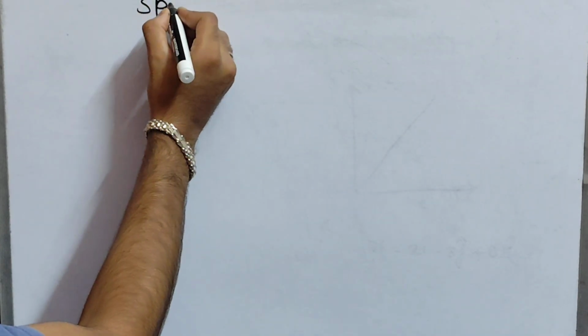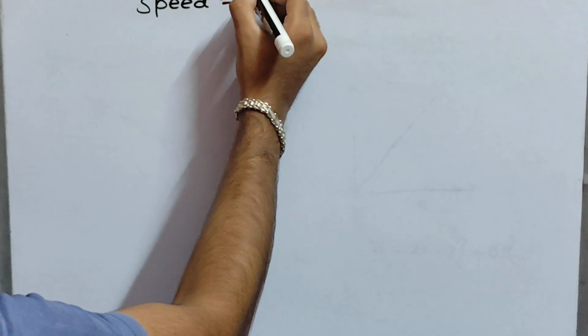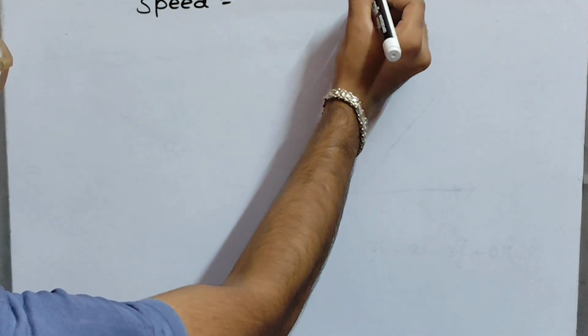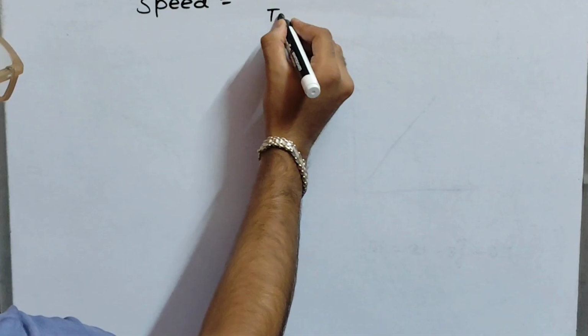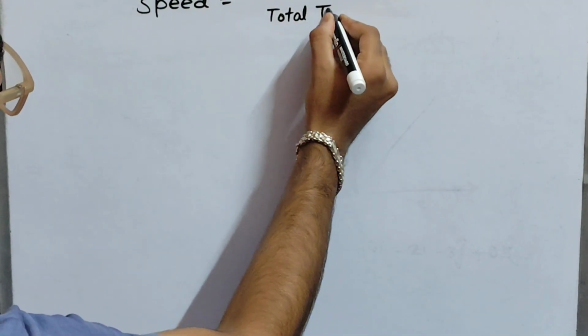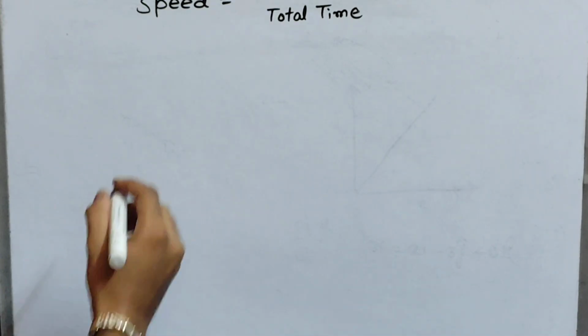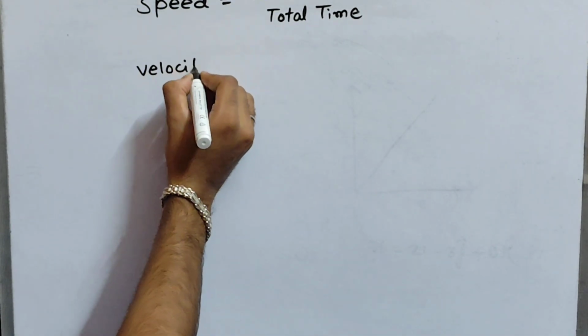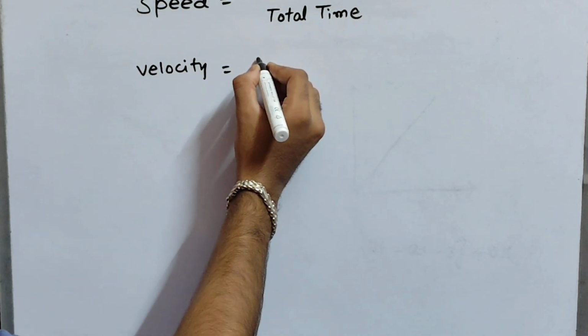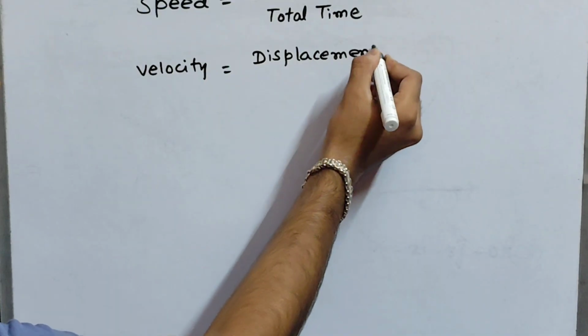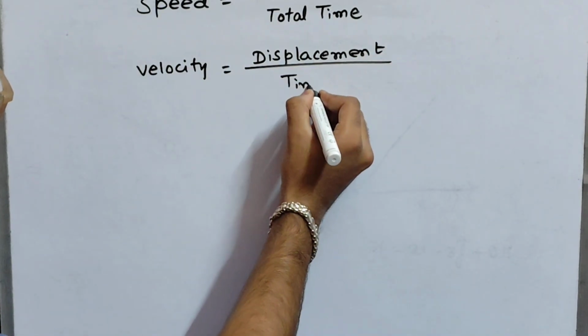Speed is equal to total distance divided by total time, and velocity is equal to displacement divided by time.